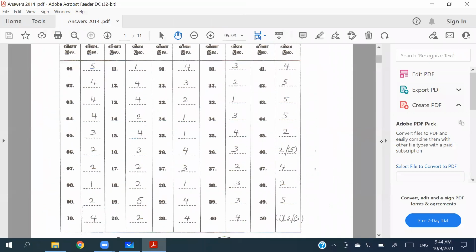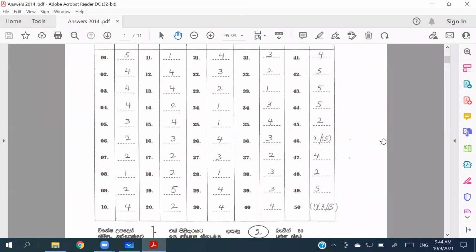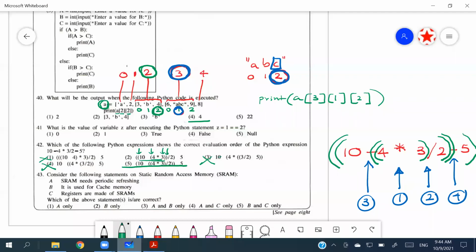So is that clear, everyone? You have to think about how the operators are going to execute, right? So for that reason, for the 42nd, the fifth one is going to be the answer.